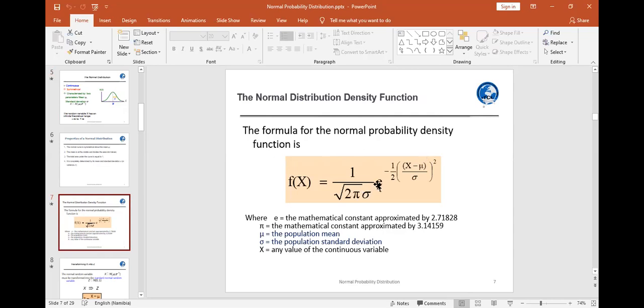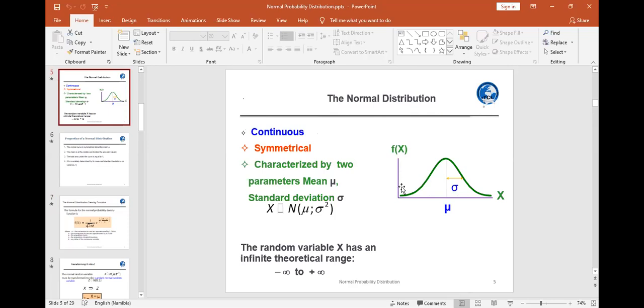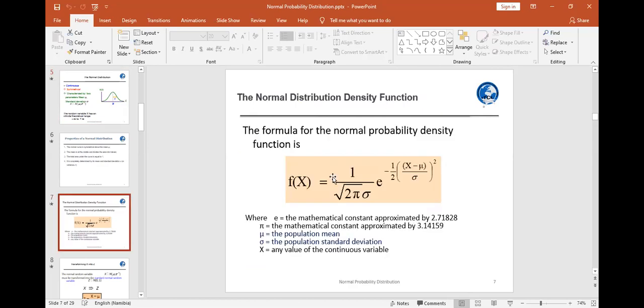We are not going to use it in our calculations. Just telling you that this shape of a normal distribution is generated by this formula or some computer software.